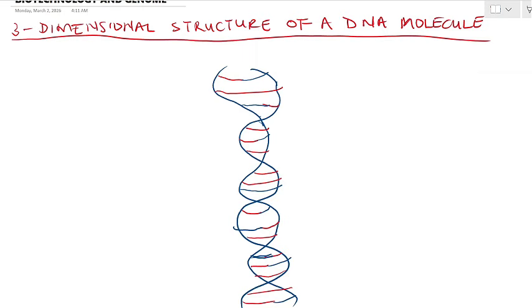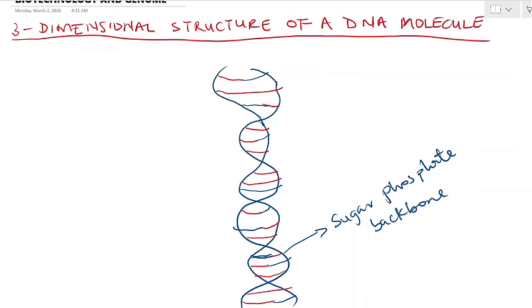Alright, so this backbone here is referred to as the sugar phosphate backbone that we saw earlier structurally.